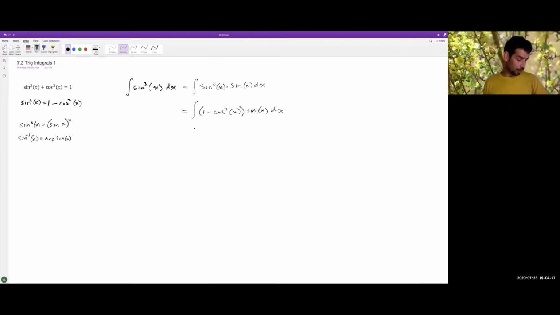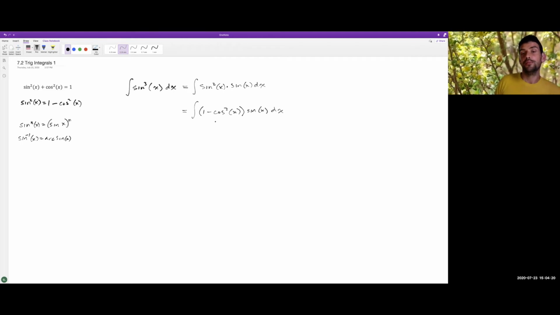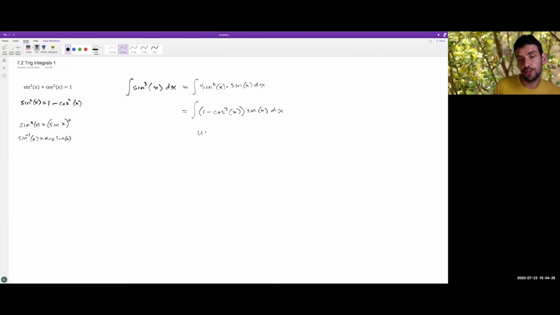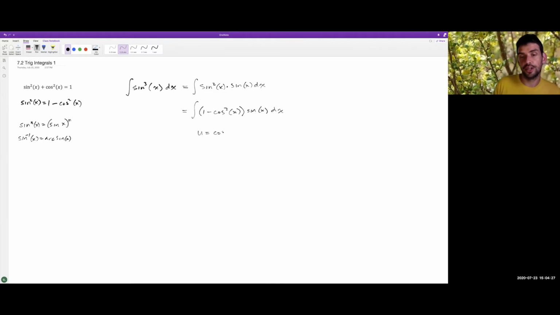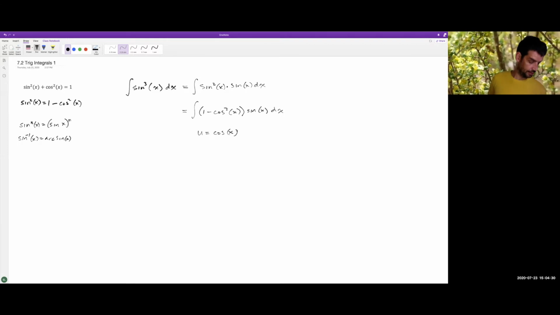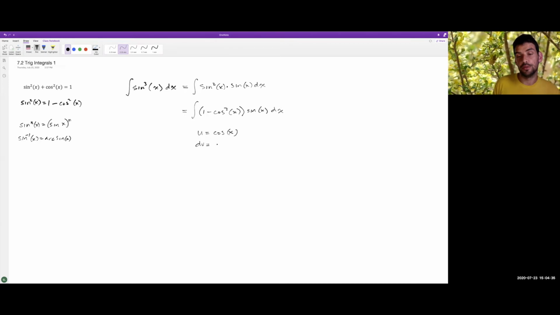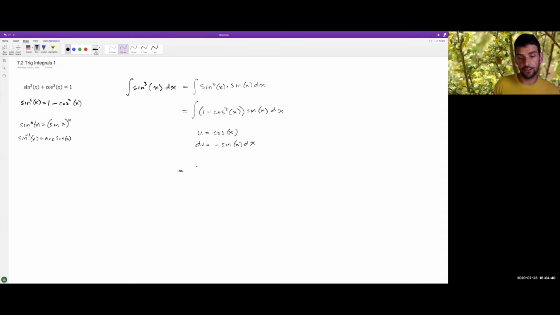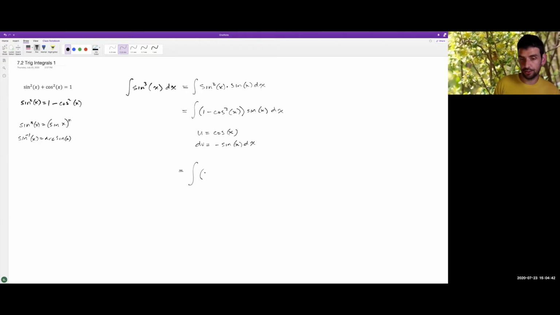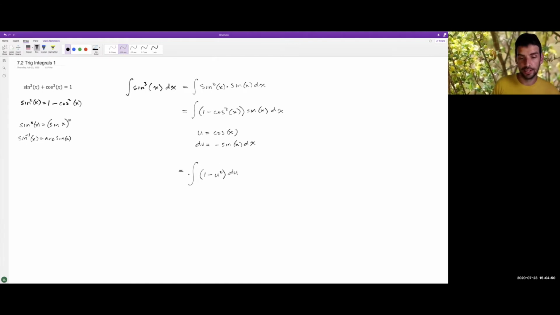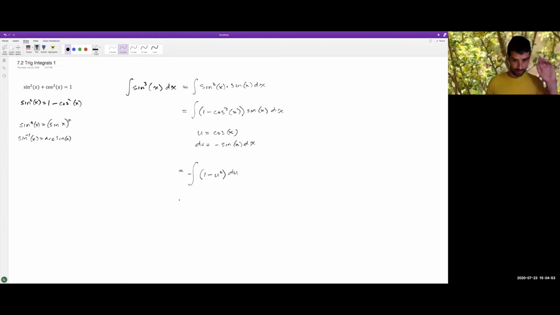And now we have a nice situation, because if I let u equal cosine of x, then du will equal negative sine of x dx. So this integral becomes: 1 minus cosine squared is just 1 minus u squared, and sine x dx becomes negative du. I'll put the negative out front.